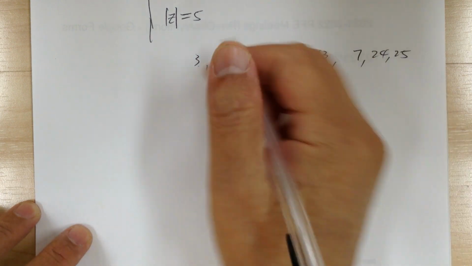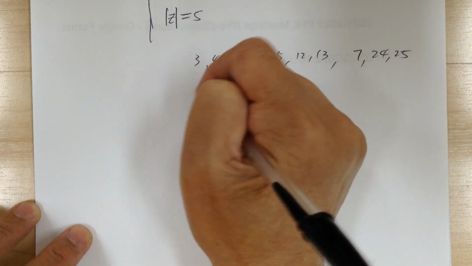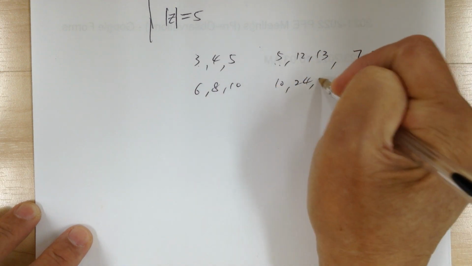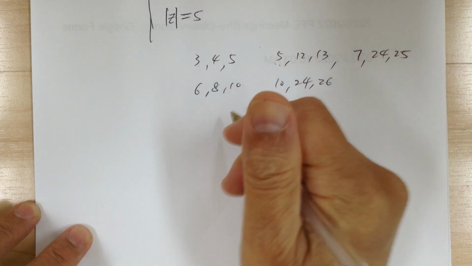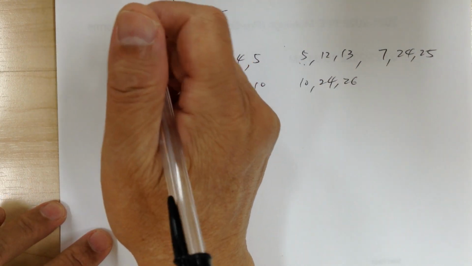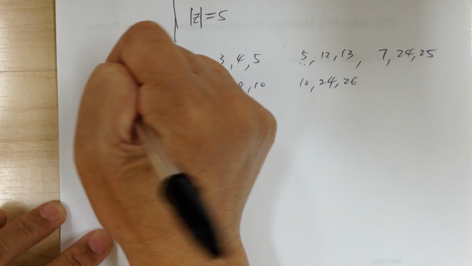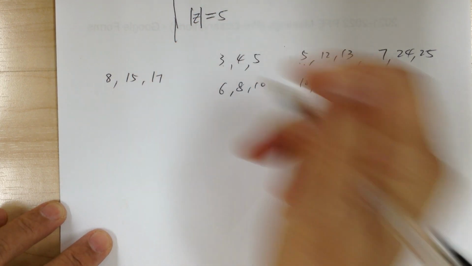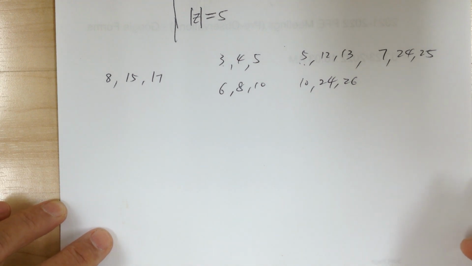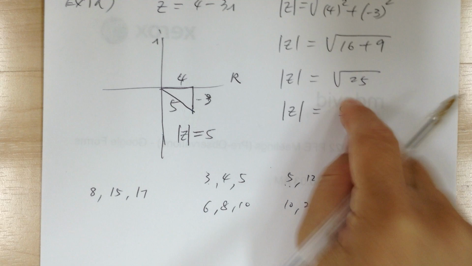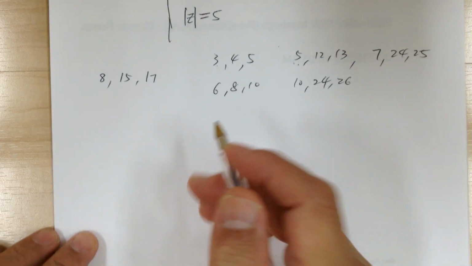And any multiple of these, like the double of 3, 4, 5, would be 6, 8, 10, and this would be 10, 24, 26. Another common one you're going to see is 8, 15, 17. So you want to recognize these so that it will save you a lot of time.